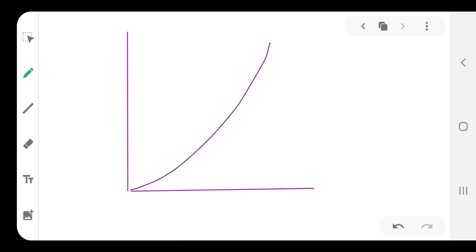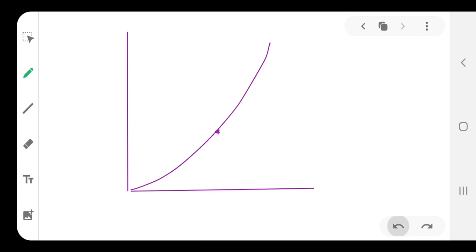Now for that same graph, if I choose any instantaneous point, any arbitrary point here, say I want to find the velocity here. As this is a curve, I can draw a tangent here.